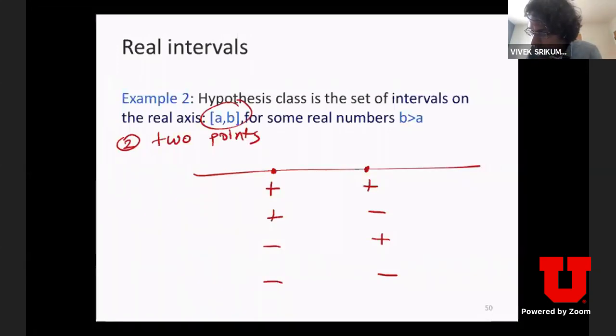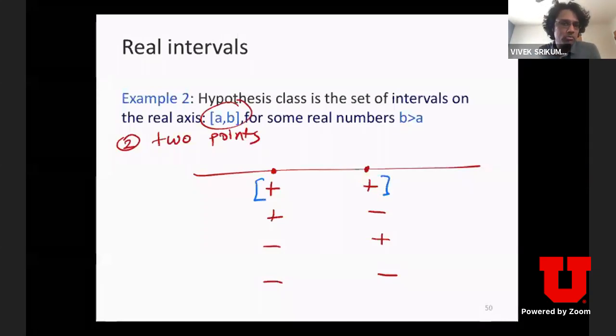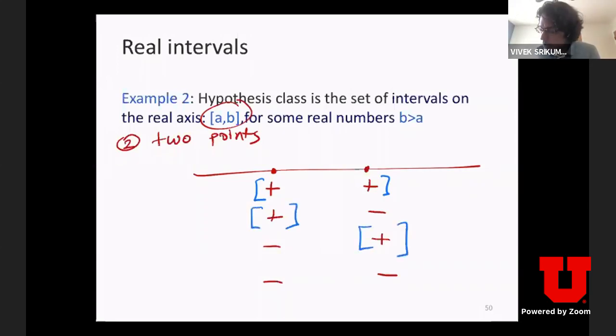So in the first case, I can put a bracket around both the pluses. In the second case, I can put a bracket around this one. The third case, I can put a bracket around this one. And the fourth one, I can just put it outside anywhere I want. In every single case, only the pluses are contained in the bracket.